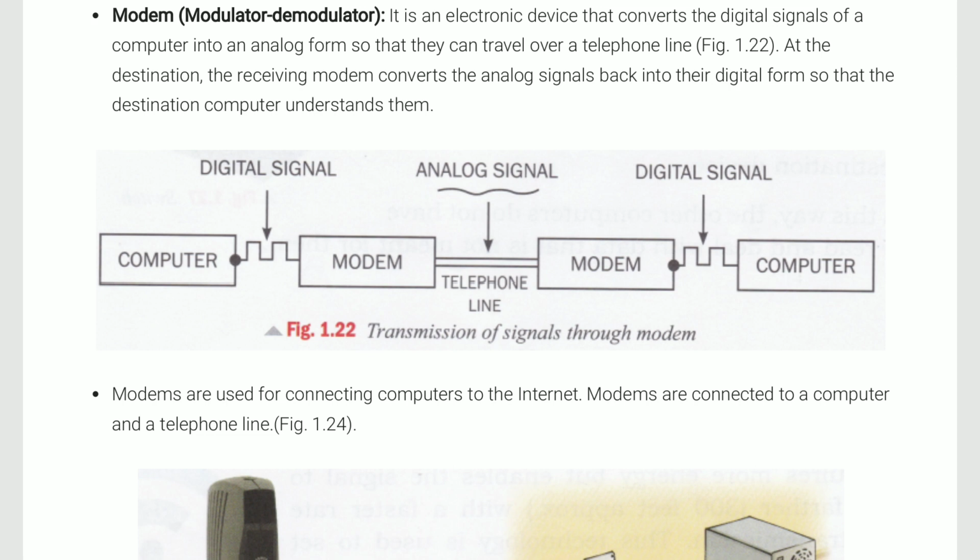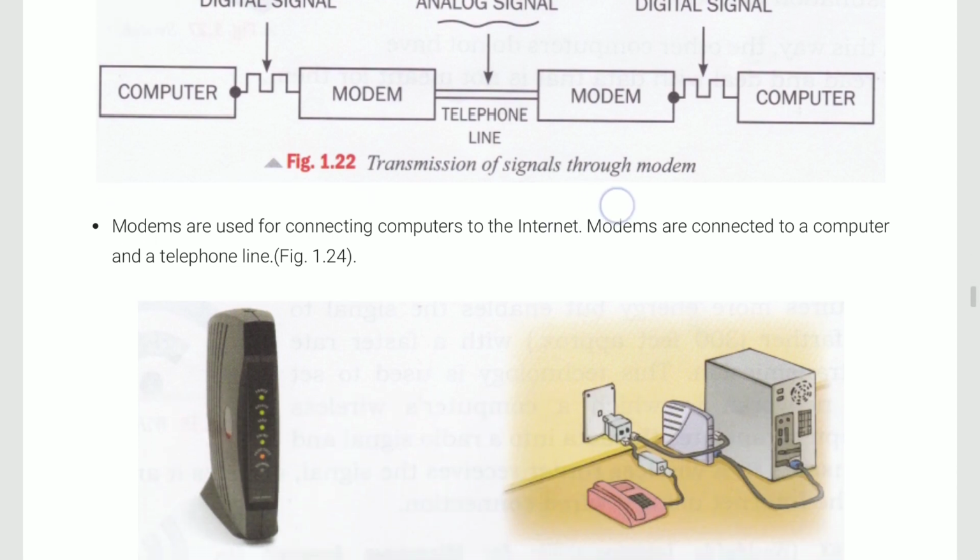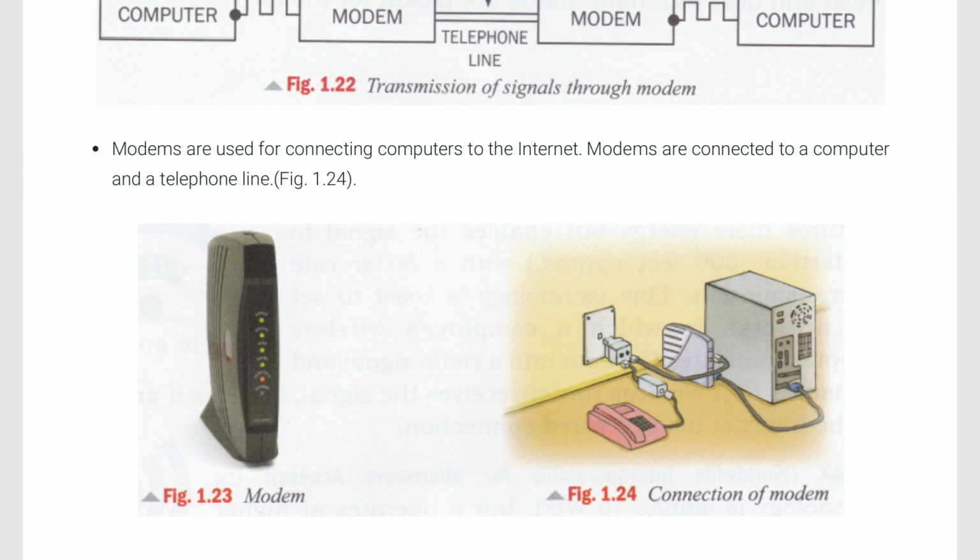In this way, the data travels from one system to another. Modems are also used for connecting computers to the internet. They are connected to a computer and a telephone line, as you can see in this picture.